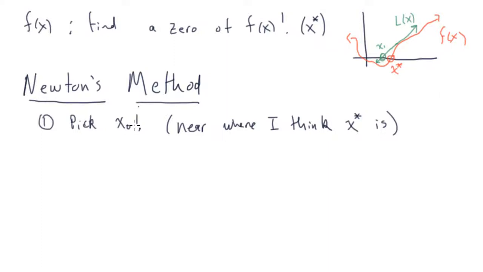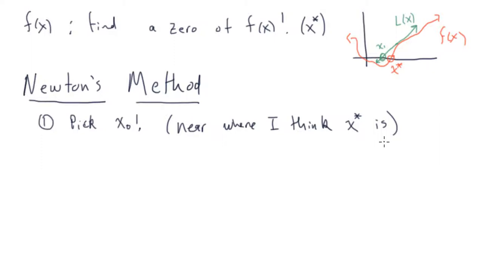The closer I pick x0 to x star, even if I don't know exactly where x star is, maybe I just have a small interval where I think x star is, I want to pick x0 as close to that as I can, because that's going to increase the likelihood, first of all, that Newton's method is actually going to give me a good approximation to x star, and second of all, it's going to ensure that I'm going to the right 0, because if you think about it, f might have more than one 0.